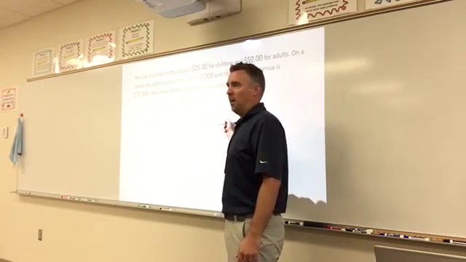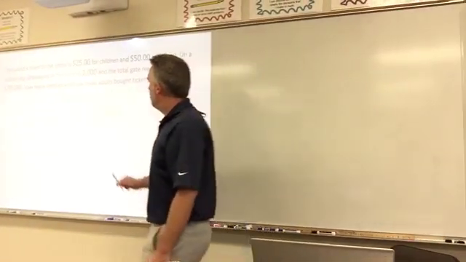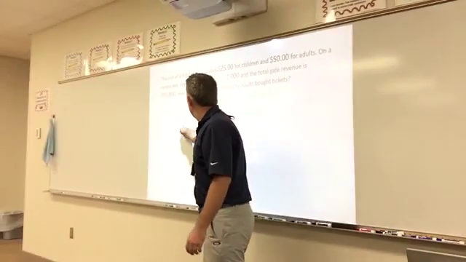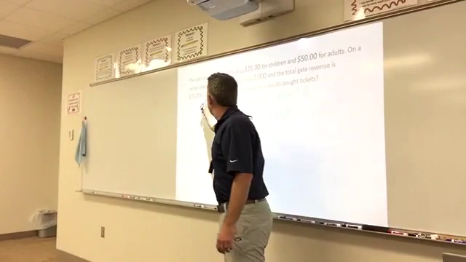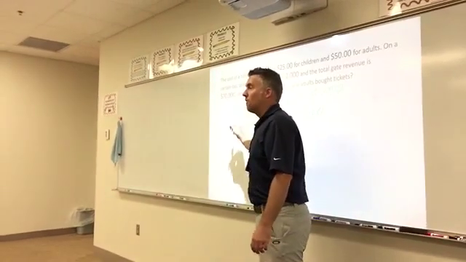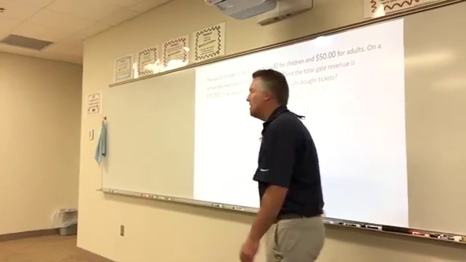Now, I'm not saying you can't use that elimination method. If I wanted to, maybe I would take the bottom equation times negative 25, because then the C's would cancel. Or if I took the bottom equation times negative 50, then the A's would cancel.